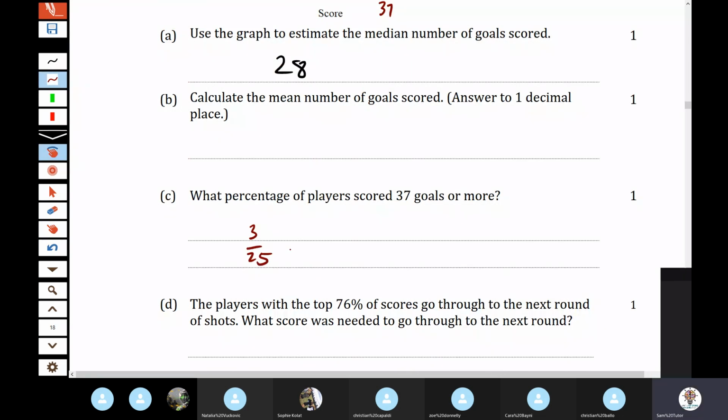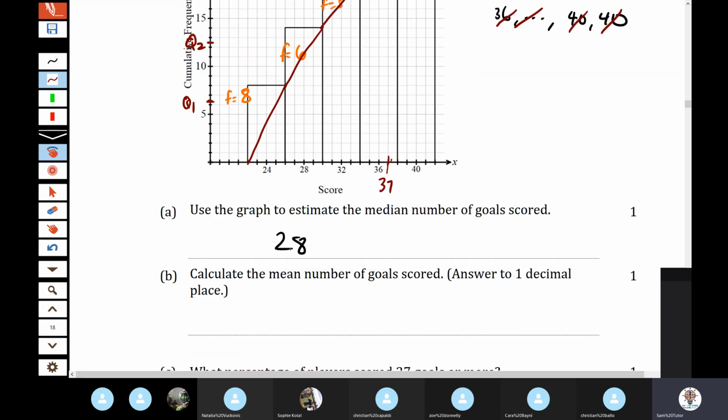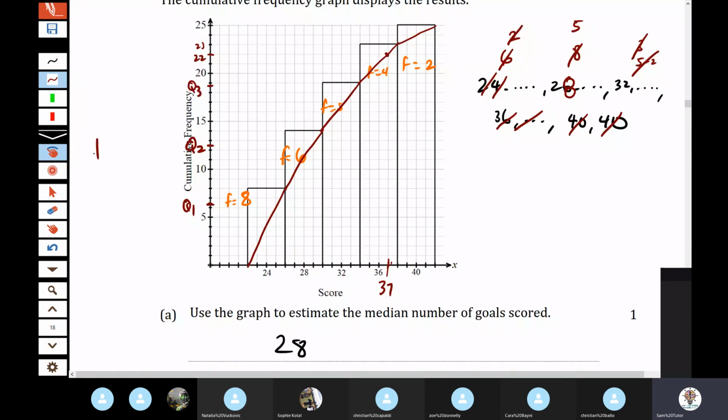The players with the top 76% of scores go through to the next round of shots. What score was needed to go through to the next round? Okay, so we've got to work out the top 76%, right? Let's just talk about that one more time. I like this question because, 1, it's a higher than standard level.